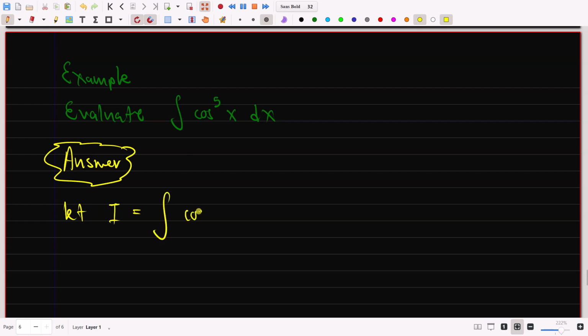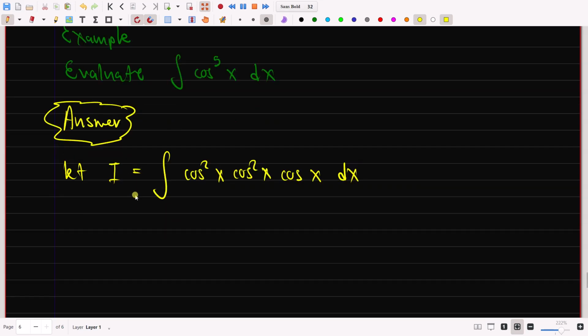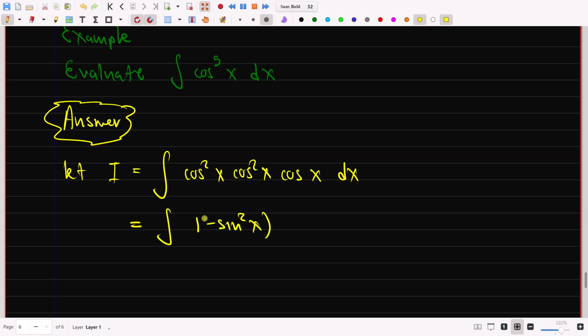Then now I expand the rooted part. So what do I get? When I expand here, I get 1 minus 2 sine squared x, plus sine to the power 4x, then cos x dx. Then the next thing that we do now is we take cos x and expand it inside term by term.